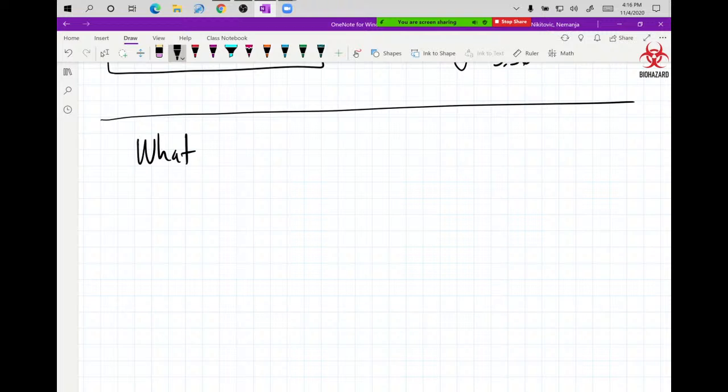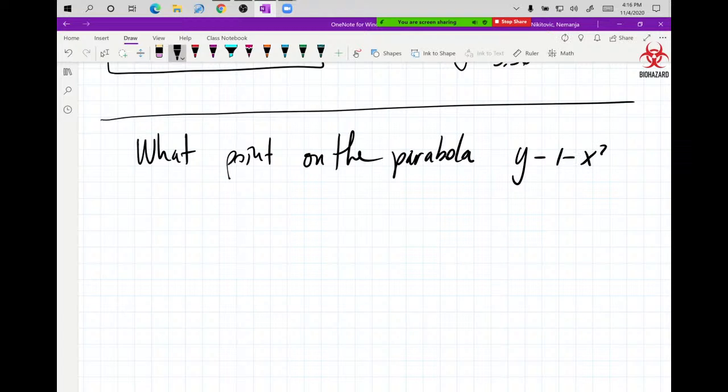So what point on the parabola y equals 1 minus x squared is closest to the point (1, 1)?